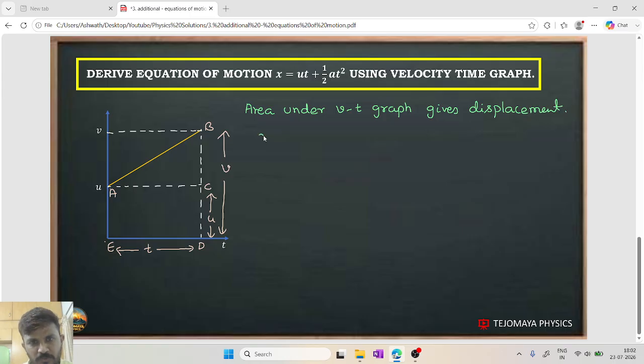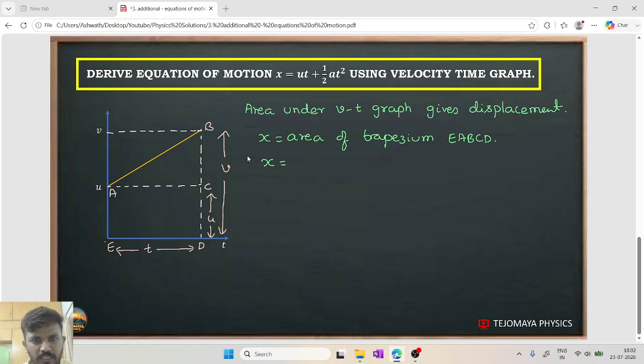So the displacement x is given by the area of the velocity time graph, that is area of trapezium EABCD. x is equal to area of this trapezium. I'll split it into two parts.